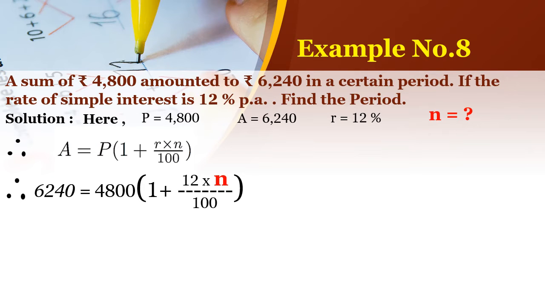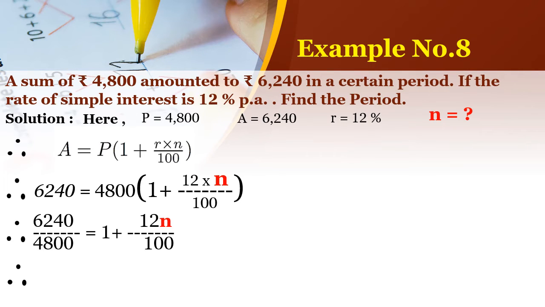Therefore 6240 is equal to 4800 in bracket 1 plus 12 into n, because we have to find the n value, upon 100 bracket complete. Therefore 6240 upon 4800 is equal to 1 plus 12n upon 100, as we transfer 4800 to the other side.